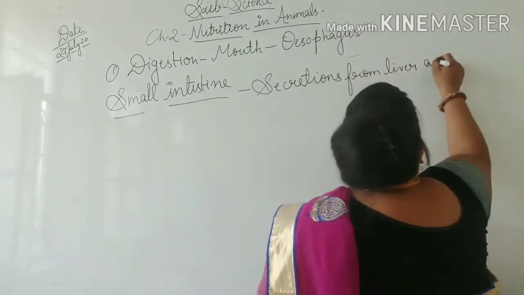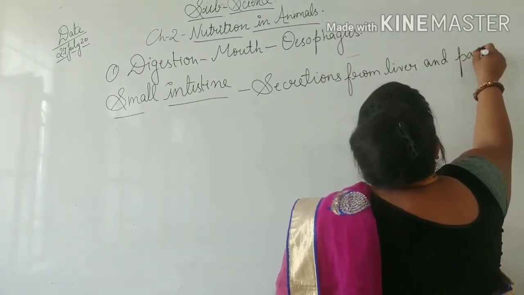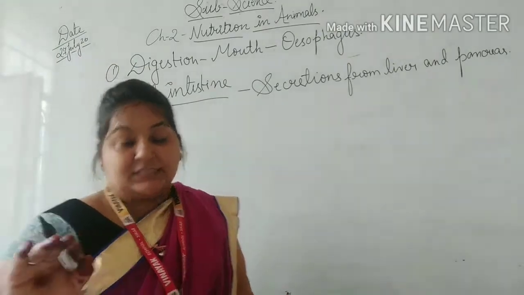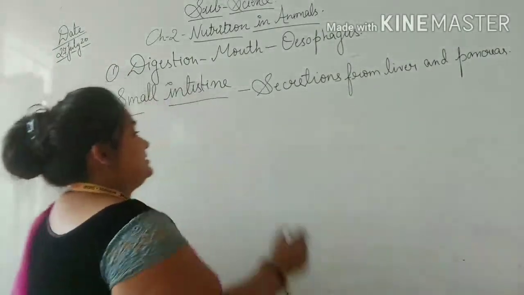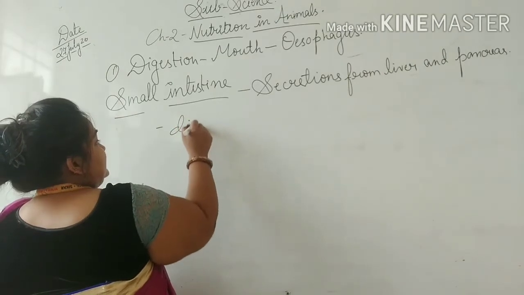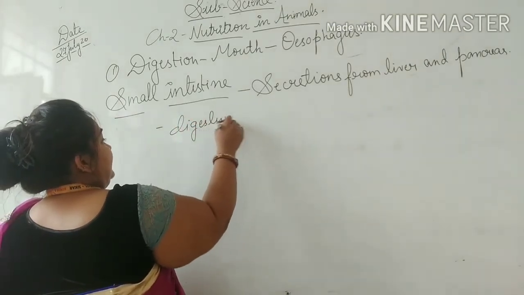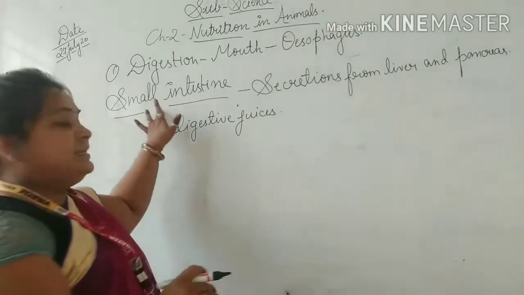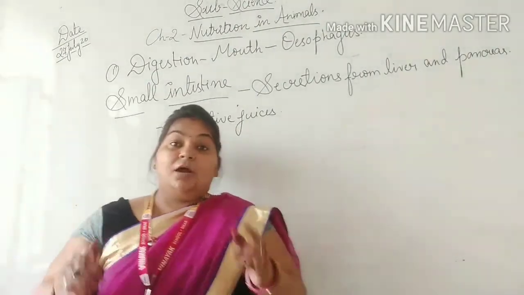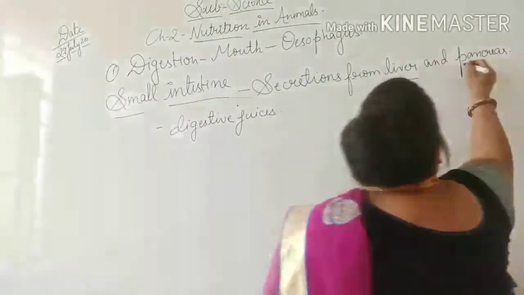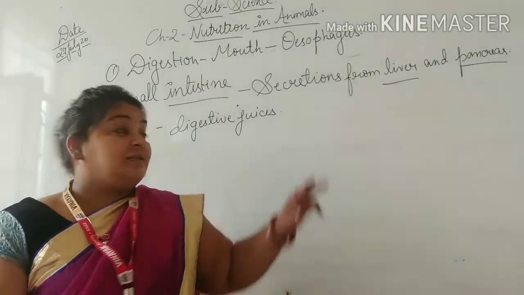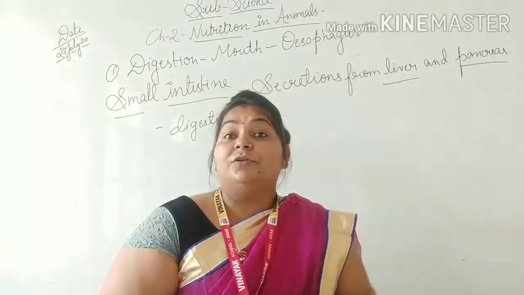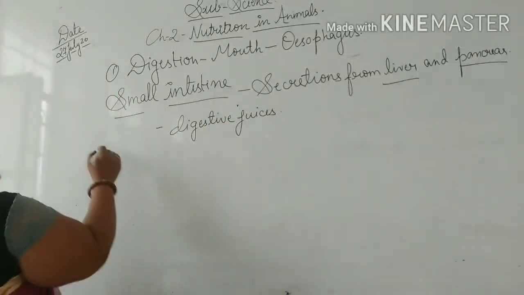This means pancreas and liver are the organs which also help us in the digestion process.